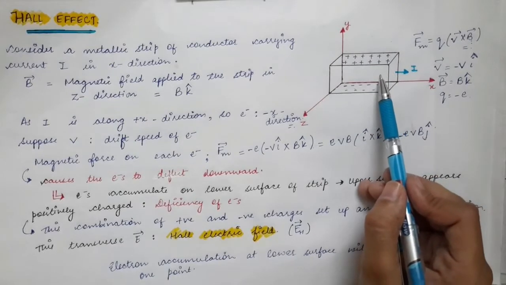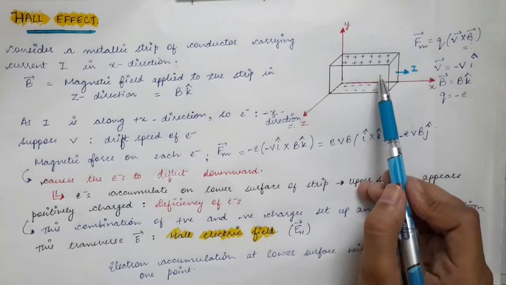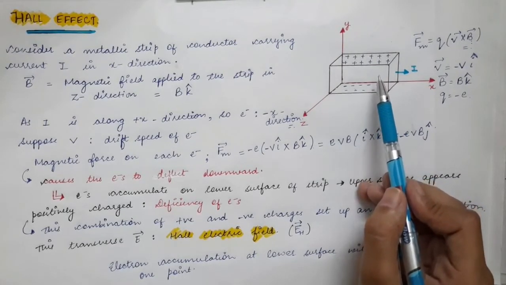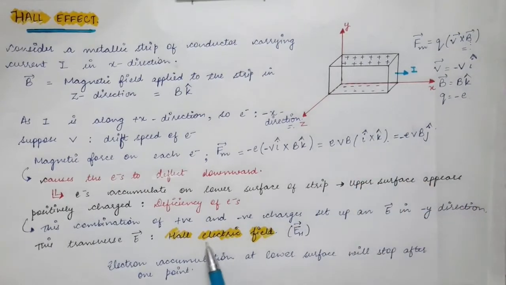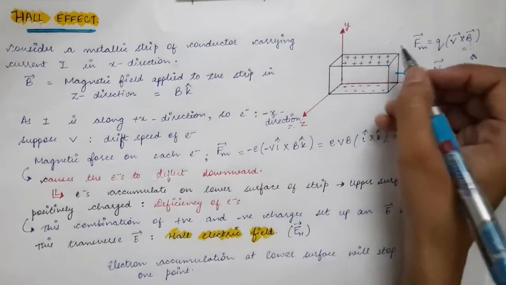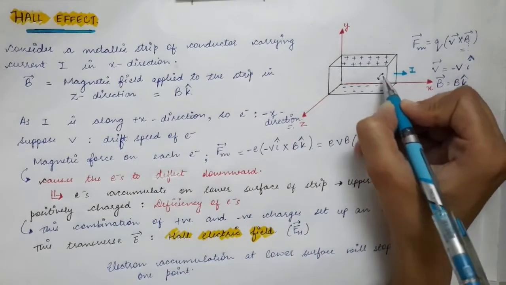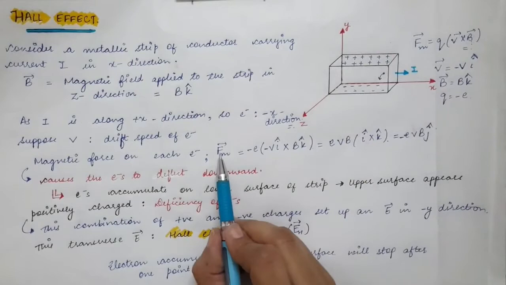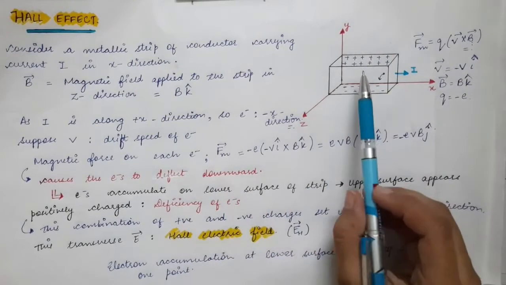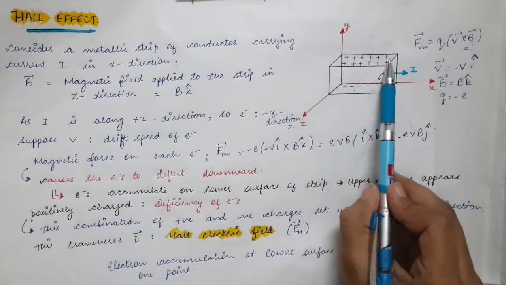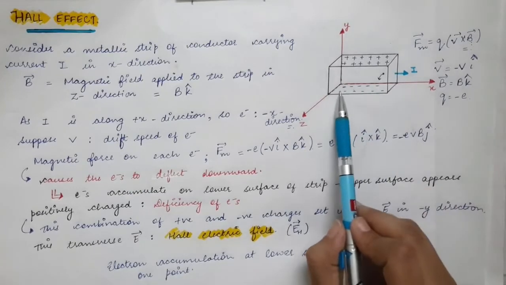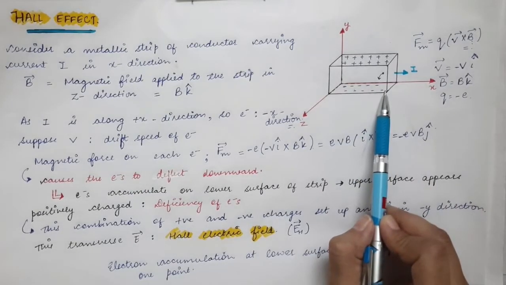So these electrons will be experiencing an additional force, and that force will be due to this Hall electric field. If an electron is getting deflected in the downward direction due to the magnetic force, you can see that we have positive charges on the upper surface of the strip and negative charges on the lower surface of the strip.